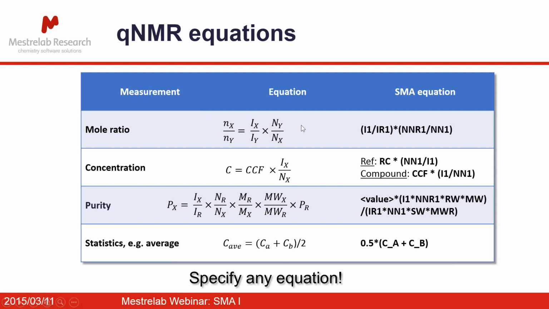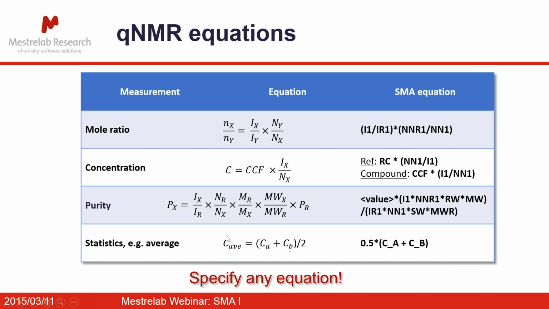There's nothing particularly fancy over here. And what I've done in each case is to show you the equation, then I'm showing you the SMA equation that corresponds to that. And this will make a lot more sense as we progress through the webinar today. So don't worry too much about this column here, the SMA equation. We'll spend a lot of time talking about that later.